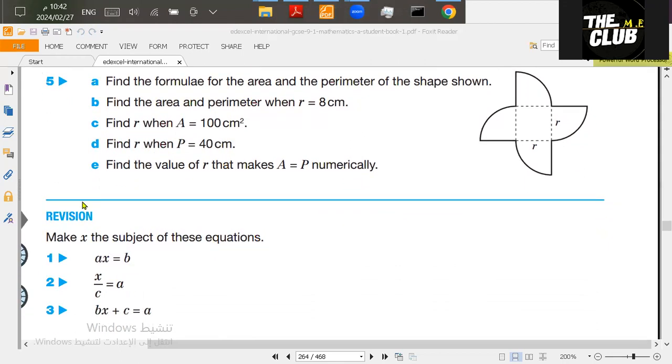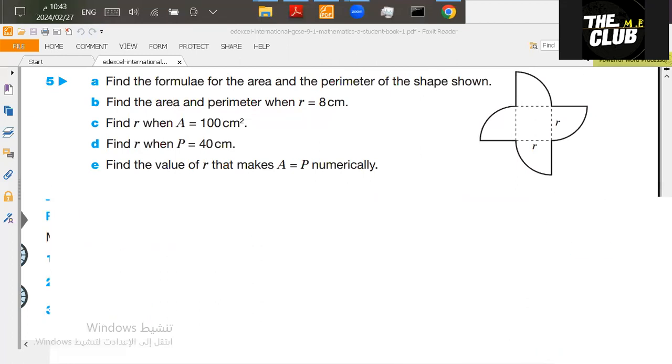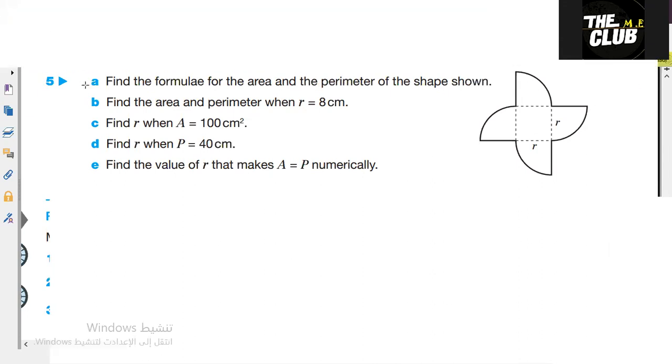First, let's cover this. Okay. So we have this shape here. This is very important. As we said, we're going to first find the formula of the area and then the perimeter and write it here. Okay. So when we look at the shape here, we will notice what? We will notice that it looks like a fan.